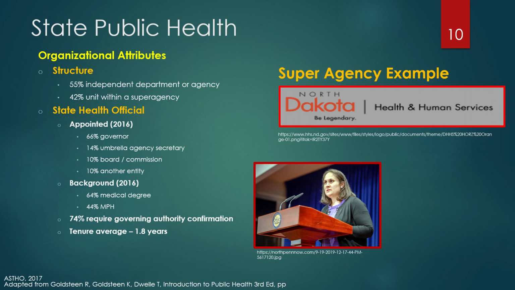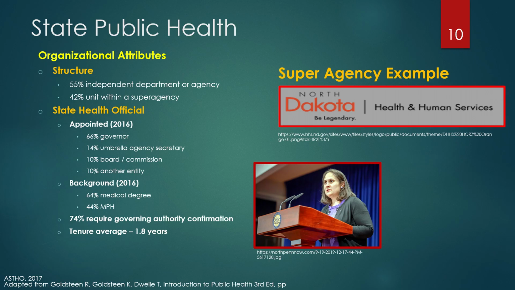Besides public health, other services provided by the North Dakota Department of Health and Human Services include public assistance programs, behavioral health, Medicaid, the state's Children's Health Insurance Program, CHIP, licensing, regulation, and certification of health providers, including behavioral, public health, medical marijuana, and human services. Each state public health unit is led by a state health official, a SHO.